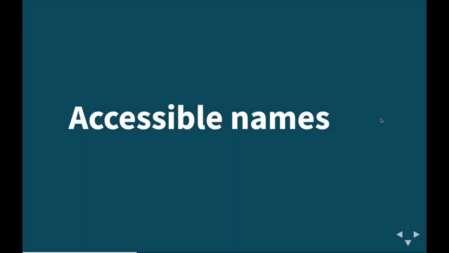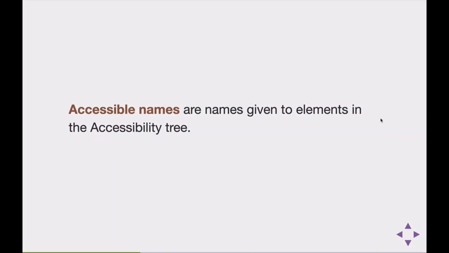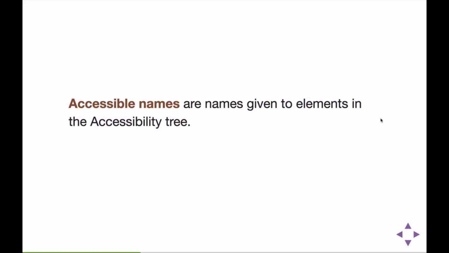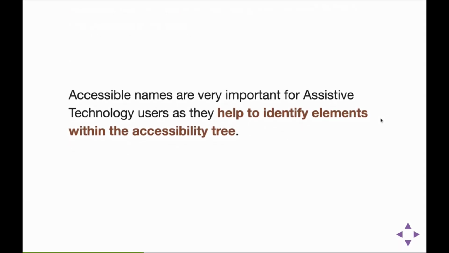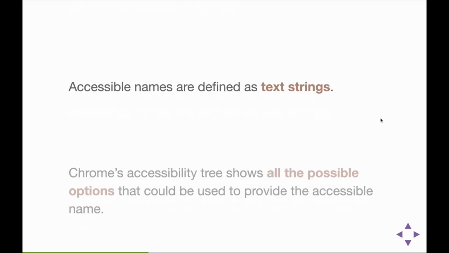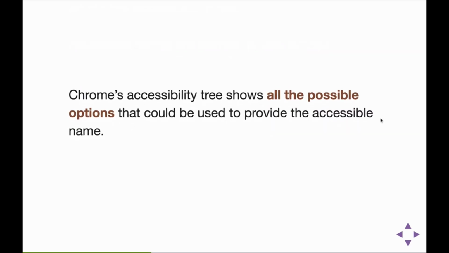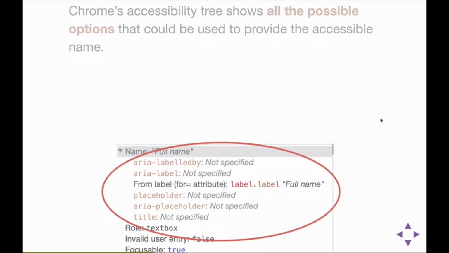Now let's look at accessible names. So accessible names are names given to elements within this accessibility tree. Accessible names are super important for assistive technologies because they help them identify the elements within the accessibility tree. Accessible names are defined as a text string, and Chrome's accessibility tree will show you all the possible options that can be used to provide the accessible name.